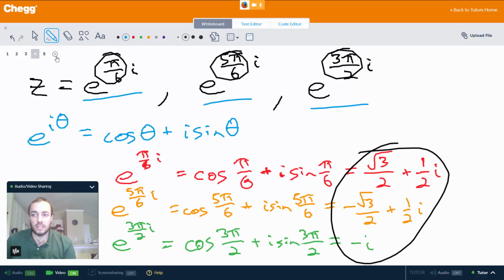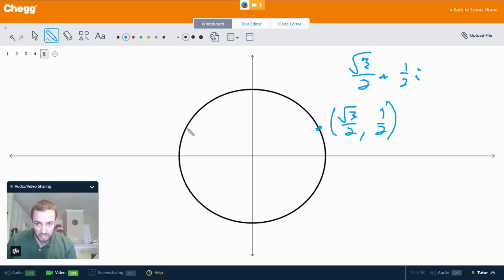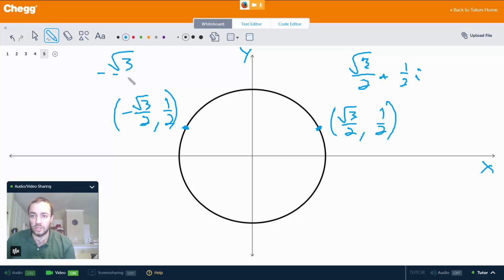And here, negative root 3 over 2 plus 1/2 i is going to be the mirror image of that point over the y-axis. So this is the y-axis here, x-axis over here. So this is negative root 3 over 2, comma 1/2, or in terms of complex numbers, negative root 3 over 2 plus 1/2 i.